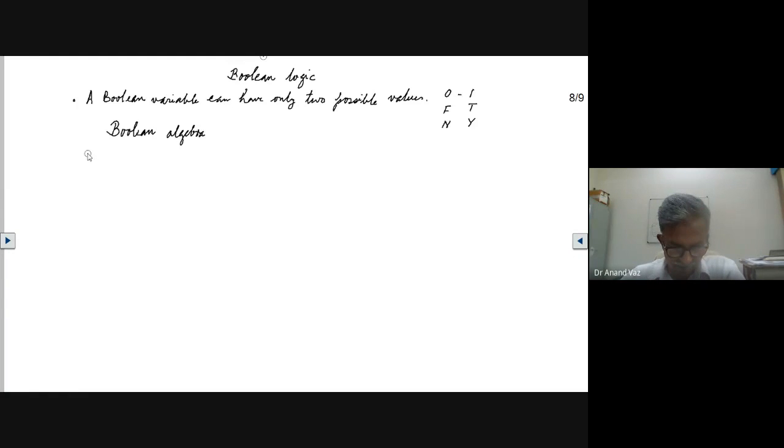Now in this, let's say a Boolean variable A. This Boolean variable can take two possible values, 0 and 1.